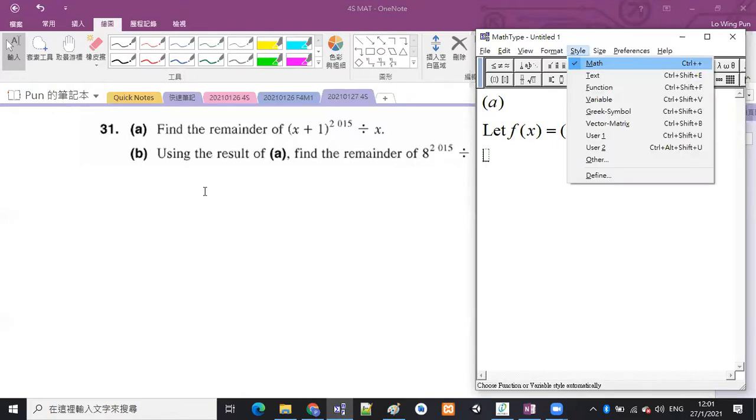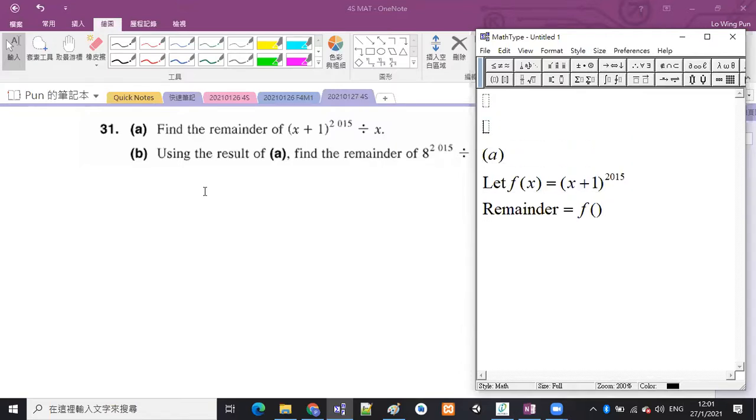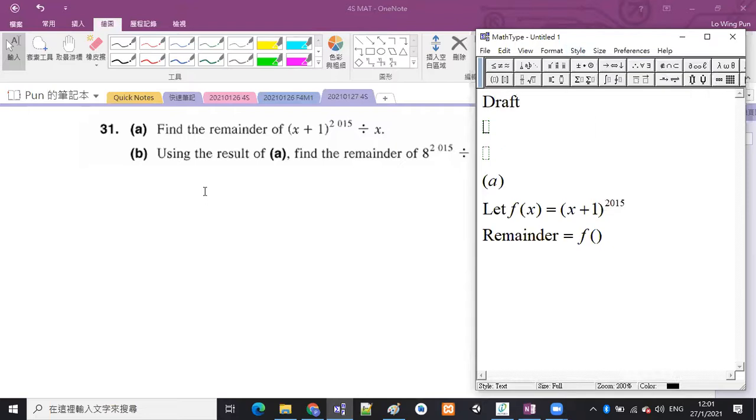Then we find the remainder, which is equal to f of a number. But this time, f of what number? The divisor is just x. So what do we put x equal to? Some of you may quickly see it: we put the divisor equal to 0 and calculate the value of x. But when we put the divisor equal to 0, we have already found that x is equal to 0.